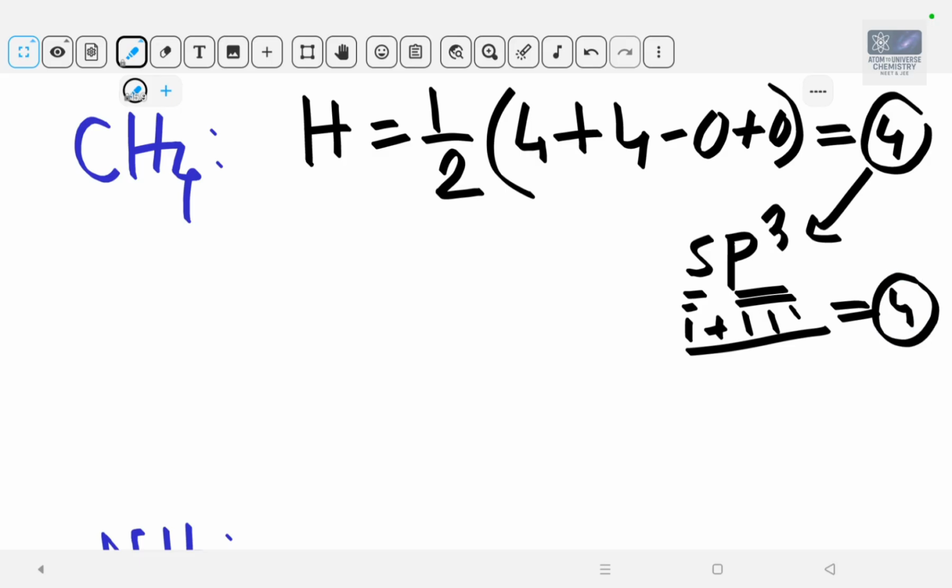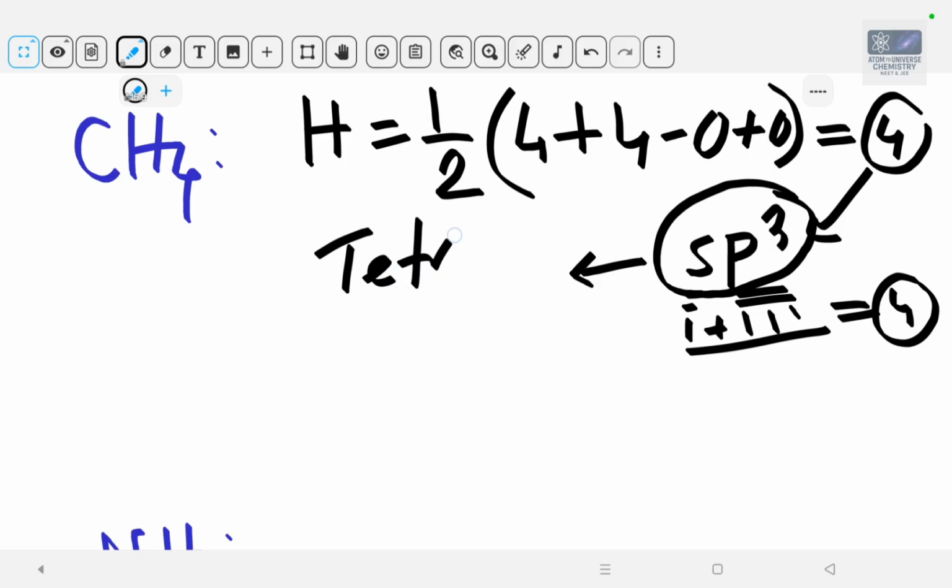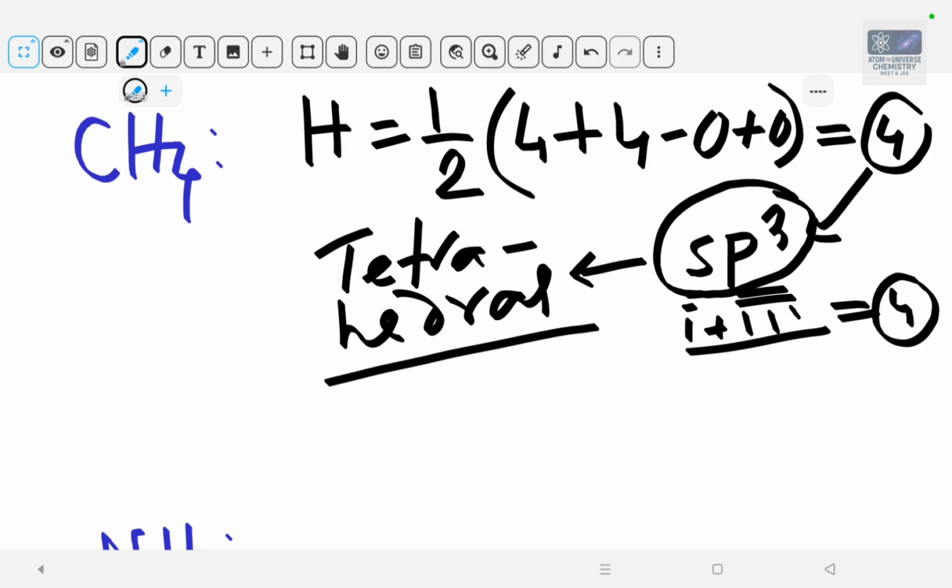Now the structure for sp3 hybridization will be tetrahedral, no problem. In case of E, you can use Y also.